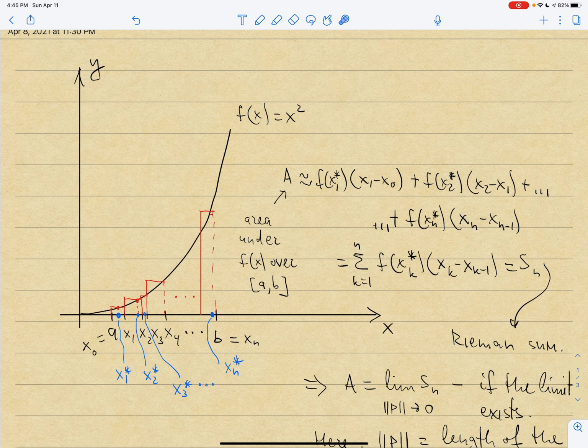And we discussed that it's not really that easy to define what exactly we mean by the limit here, because, well, first of all, the number of intervals going to infinity clearly is not enough, because it is possible that the number of intervals goes to infinity, and yet maybe, say, this interval from x3 to x4 stays fixed. So I have a larger and larger number of intervals, so that area is approximated on some intervals better and better.